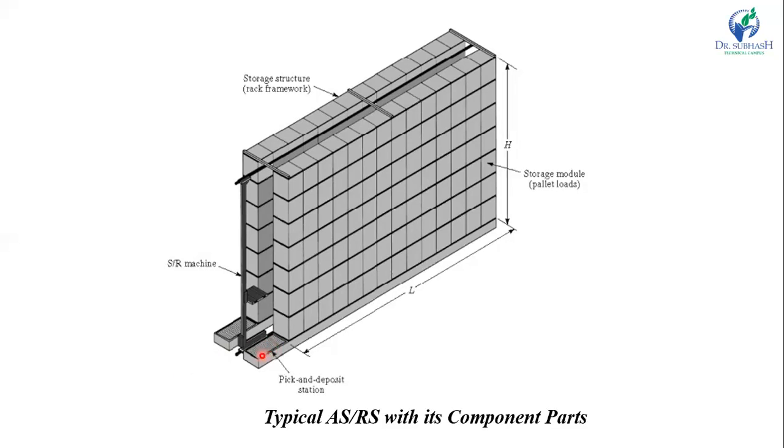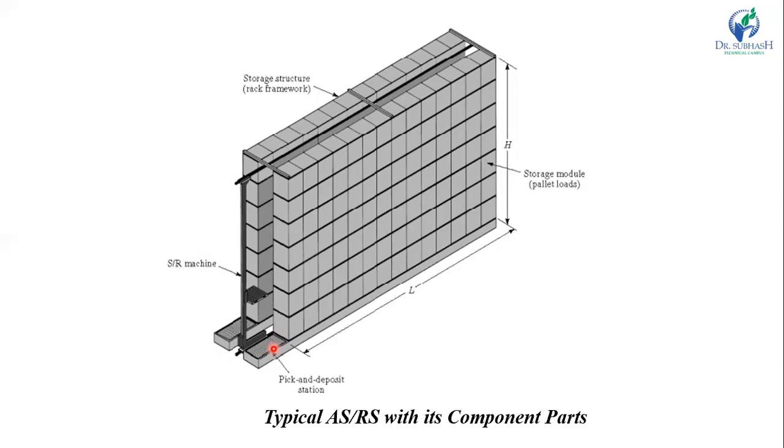Here you can see this part is a pick and deposit station. The pallet loads are then routed through the weighing and sizing station, to ensure that they are within the load and size limits.